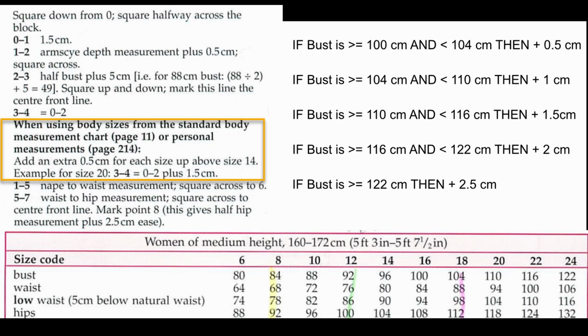And then we just work our way up. So we top out at the size 24. Honestly, I don't think you want to add more than this to anything, so I think we'll just top it right there. So that's our logic table. And this perfectly represents what she wants us to do in this statement. We've just changed it to using the bust measurement because we don't have sizes.